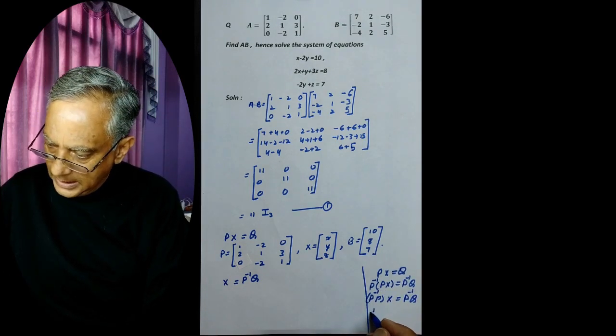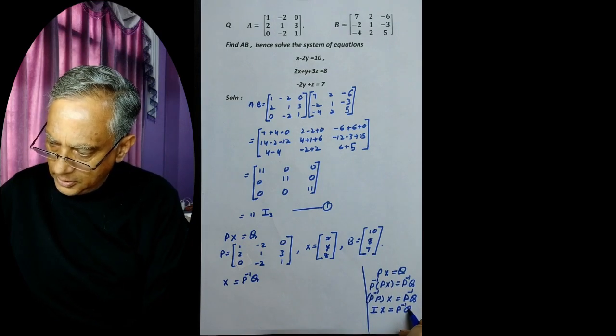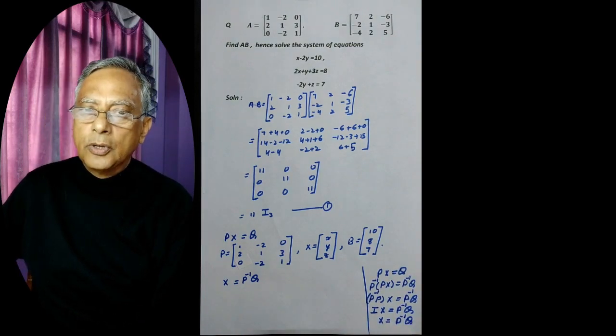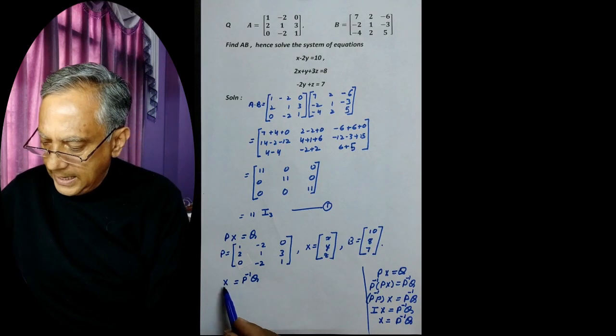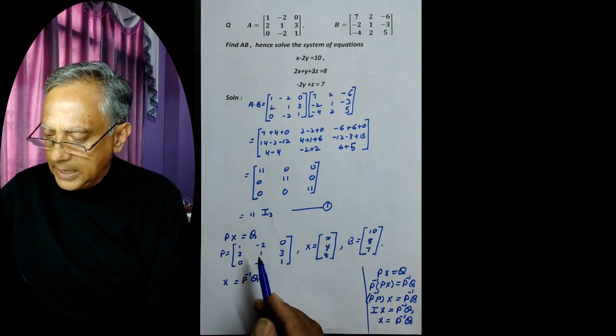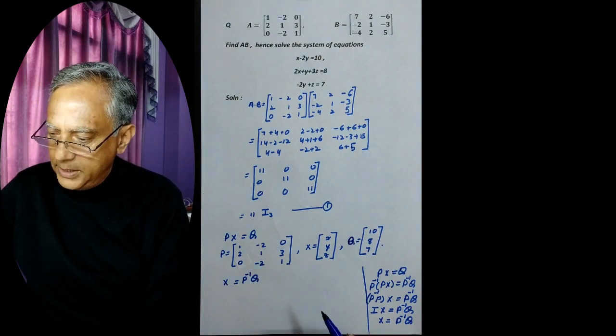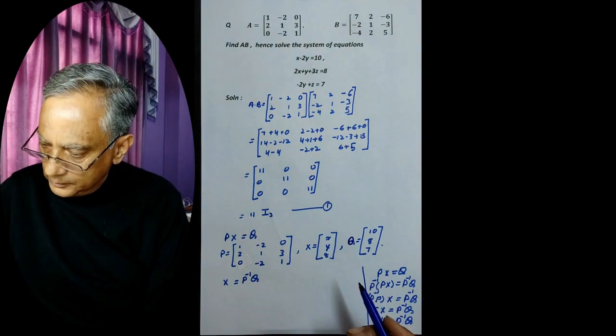So this will be Ix is equal to P inverse Q, and therefore X will be equal to P inverse Q. So this is the solution. X is A inverse B. Instead of A we have P, and for B we have Q.